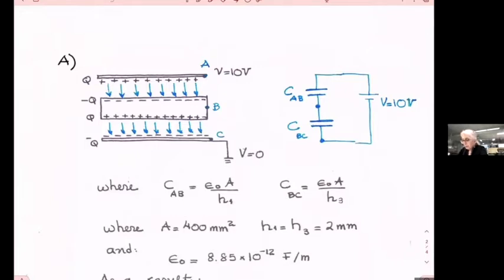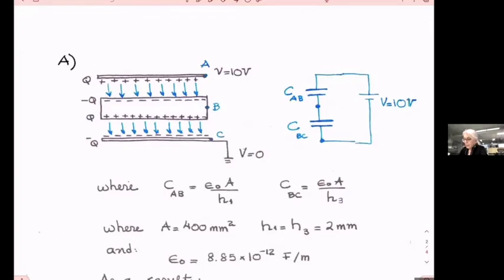Because of that, you're going to have all of the negative charges in the metal slab aligned across from the positive charges at the top, and then all of the positive charges of the metal slab aligned so that they sit across from the negative charges in the lower metal.